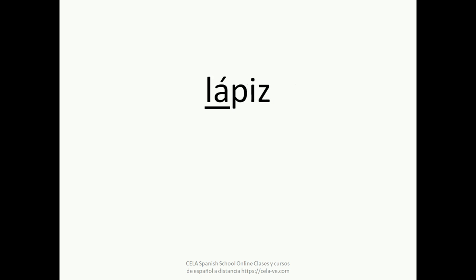The same happens with the word lápiz. Lápiz ends in Z, so it should have the intensity in the last syllable, like nariz and tapiz. But it has it in the penultimate, so it must have a tilde.